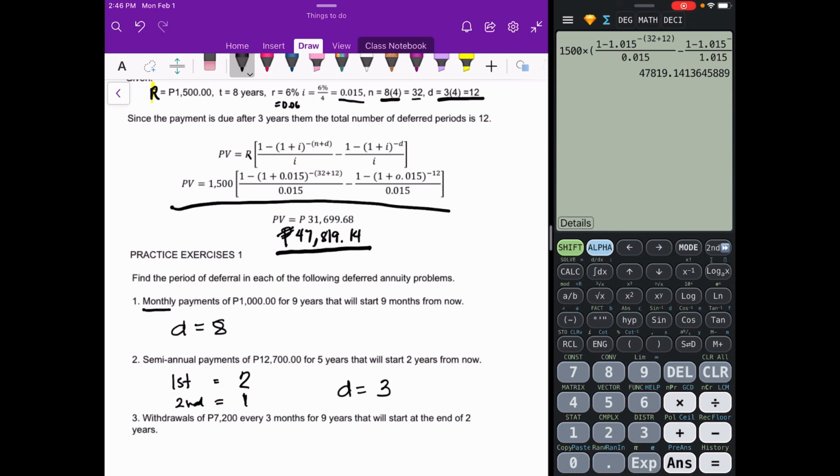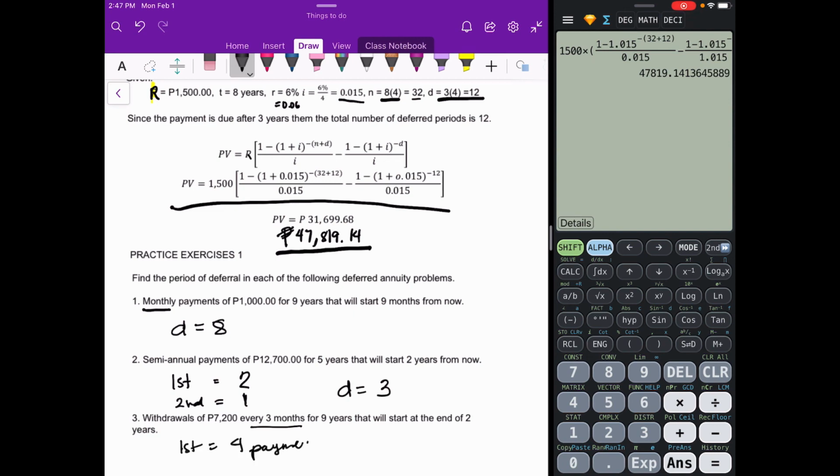And then last one, we have here withdrawals of 7,200 pesos every 3 months for 9 years that will start at the end of 2 years. Since this is every 3 months, it's every quarter. So, for the first year, you have 4 payments, right?